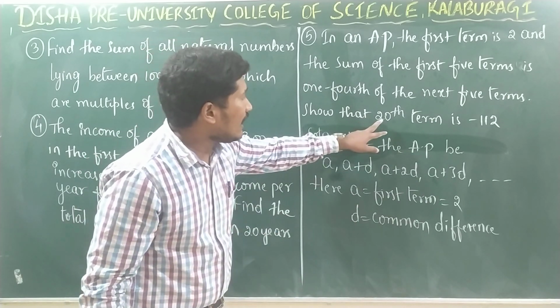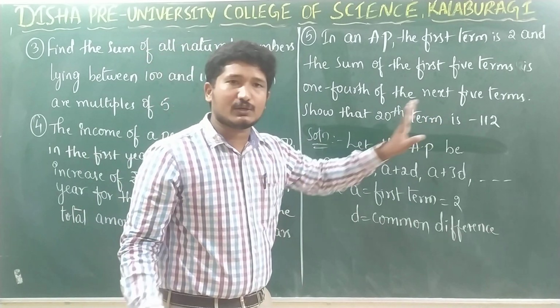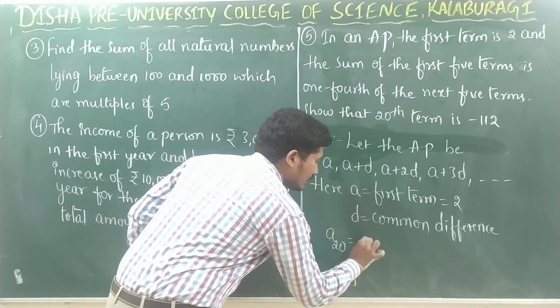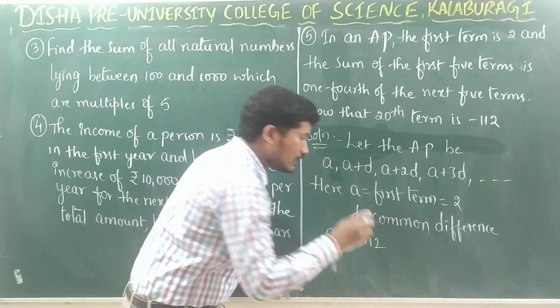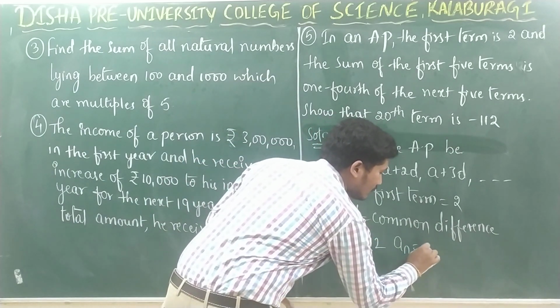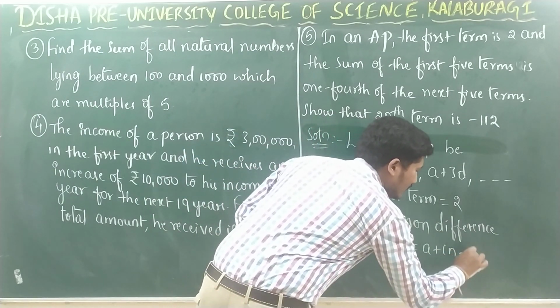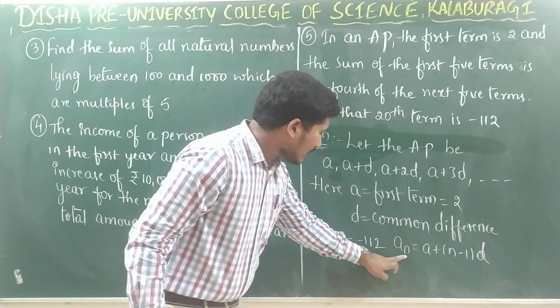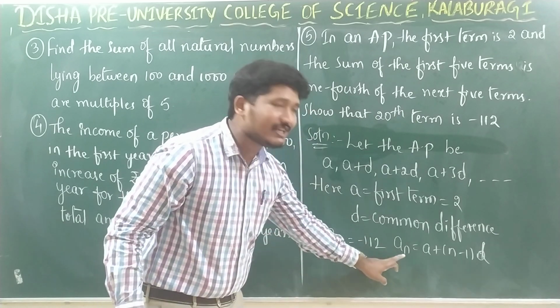So we have to prove that A20 is equal to minus 112. You will use the formula An is equal to a plus (n minus 1) into d. So when you put n equal to 20, you will get the 20th term.